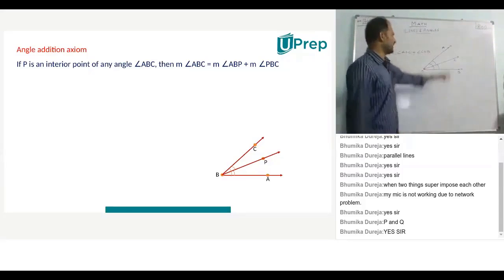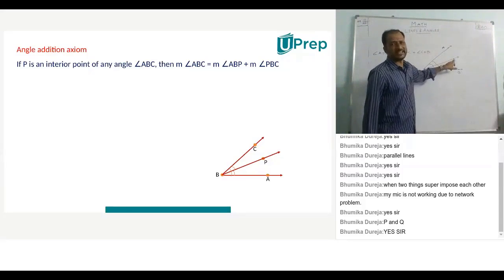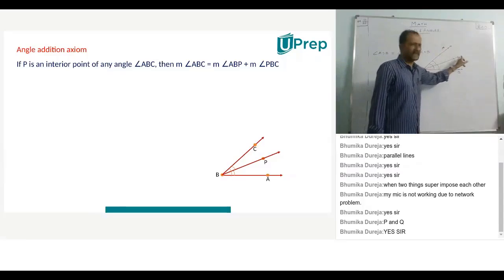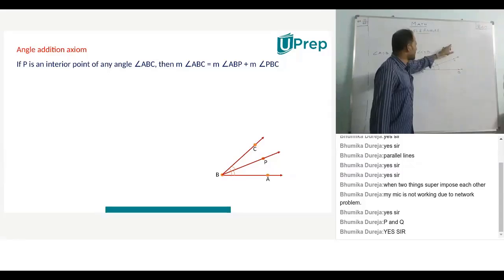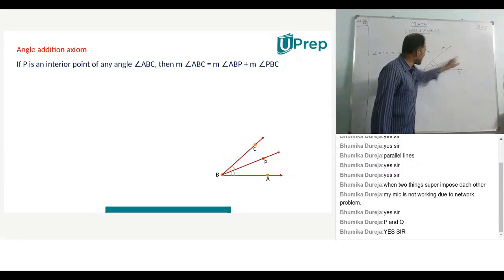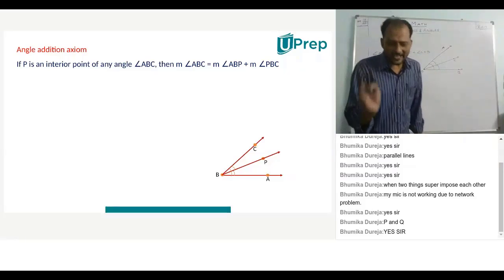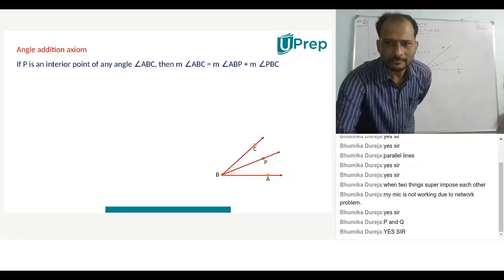So simply, if a point C is lying inside the angle AOB and OC is connected to it, then angle AOC plus angle COB will be equal to angle AOB.